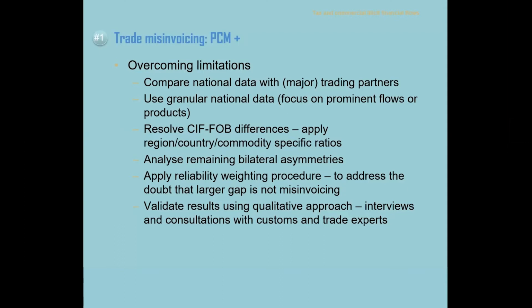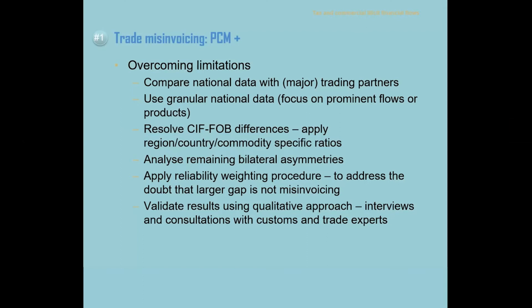The third one, of course, addresses the CIF-FOB differences. We have to resolve them. So in some cases, so we mentioned exports, apologies. So exports are reported on a FOB valuation, whereas imports usually on a CIF valuation. Now, more and more countries are also reporting imports on FOB valuation.